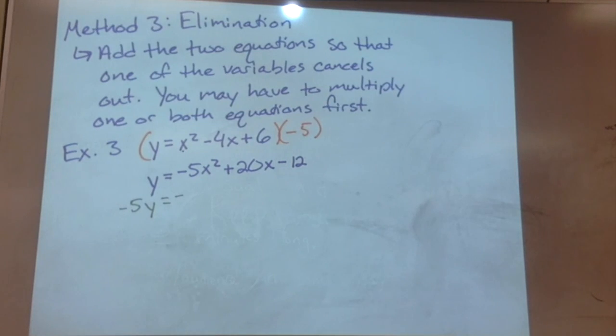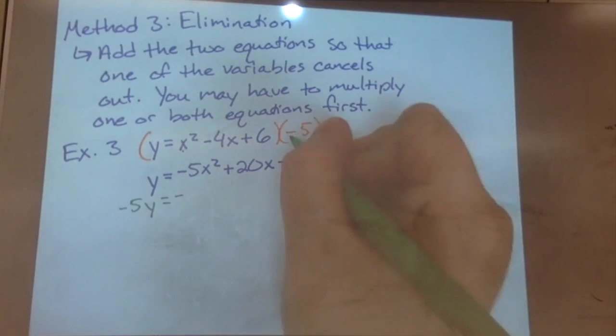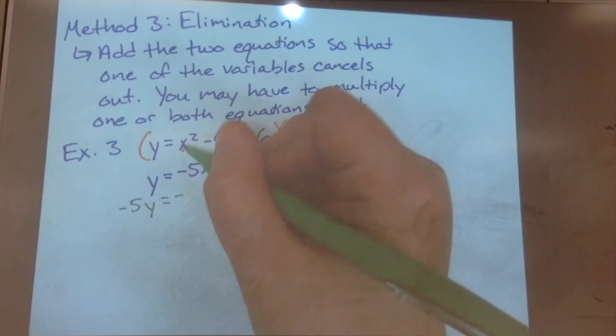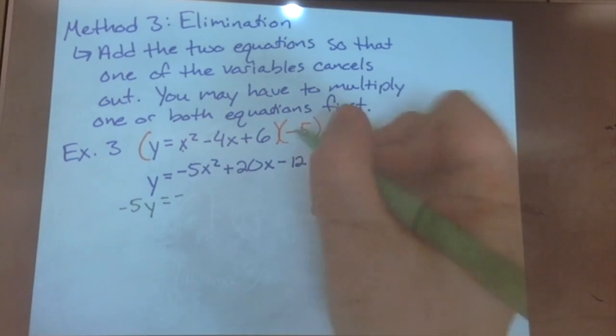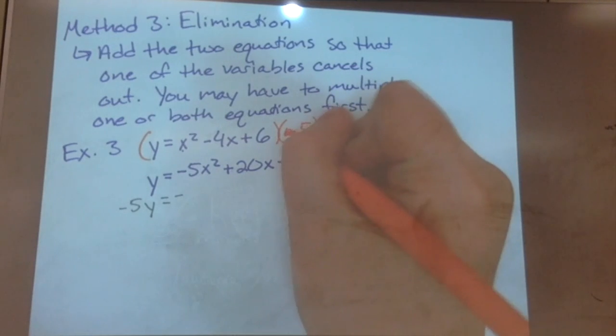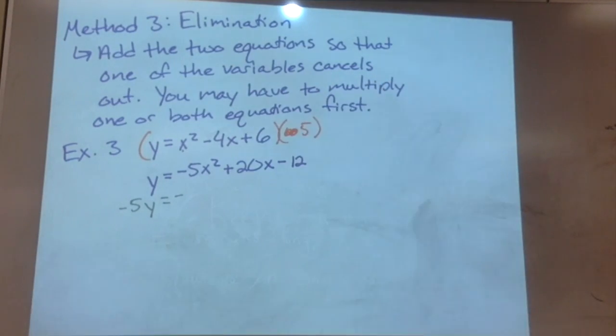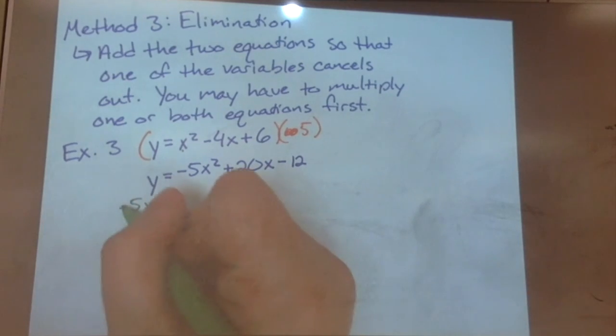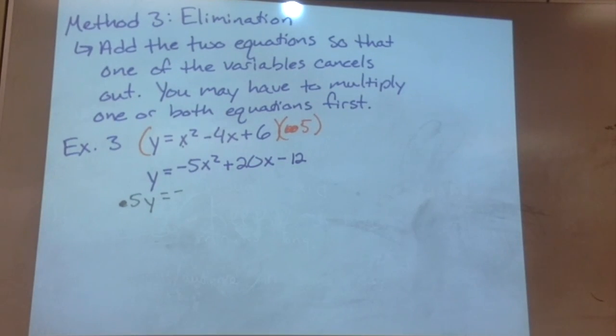Okay, maybe I will learn how to edit before we get to this. But if not, that should have been a positive. Because if I multiply by a negative 5, I'm going to end up with negative 5, negative 5. That's not going to do me any good. So this should not be a negative 5. It should just be a 5. Which means 5 times y would just be 5y.